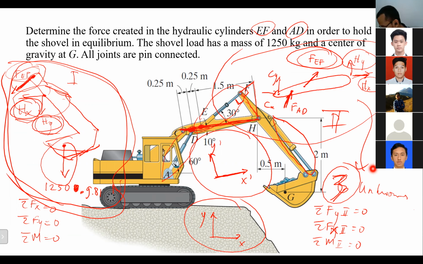Point F can be located anywhere, and F accent will always be perpendicular to H. I think it's like that, sir. F accent will always be perpendicular to FH. I don't understand what you mean. Wait, sir.